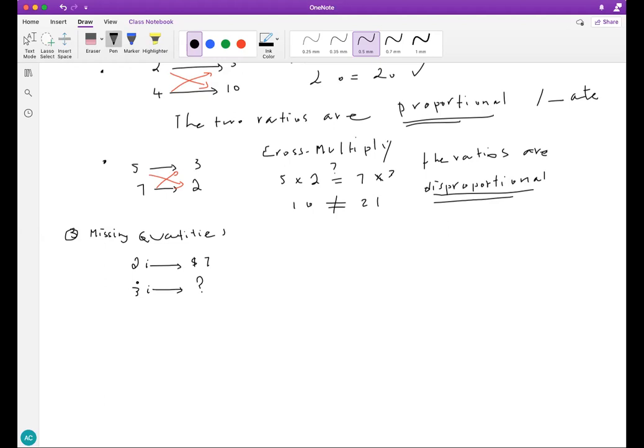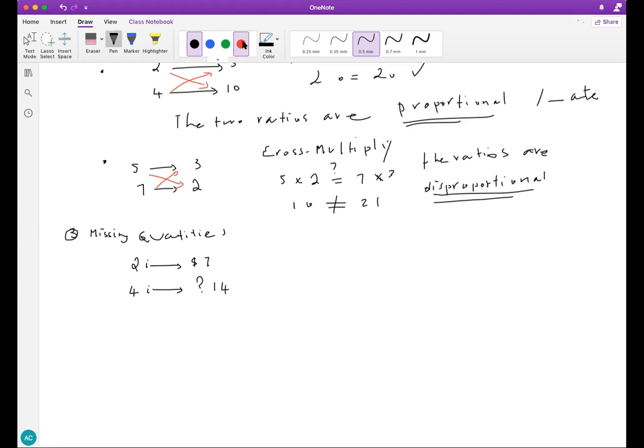Let's take a simpler example before we get to that. Let's say you want to buy 4 items. Basically, we're doubling the quantity, right? 2 items cost 7, but you're doubling the quantity. Instead of 2, we're getting 4. So you're going to double this as well, it will be 14.